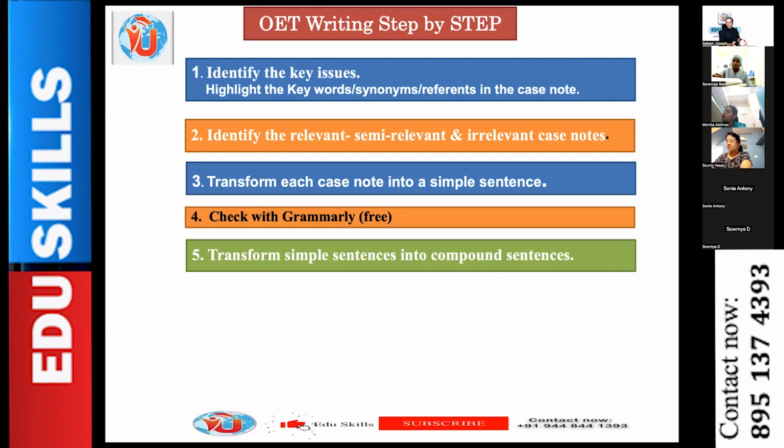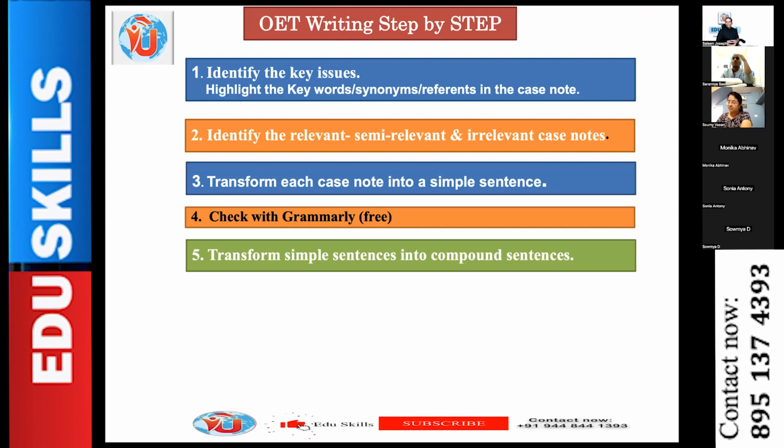It doesn't mean you have to transform all the sentences. You will be transforming only the relevant case notes into simple sentences, and out of which you need to connect. For example, diabetes is mentioned in the medical history, and under the side heading medications, a certain medication, for example, metformin, is mentioned.